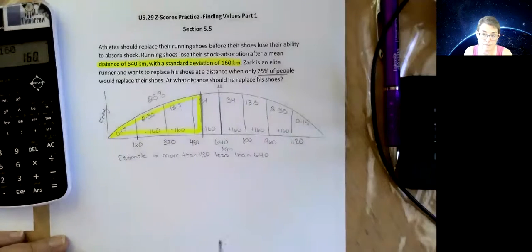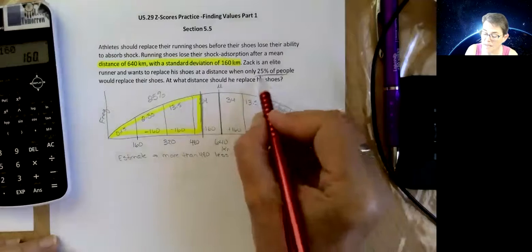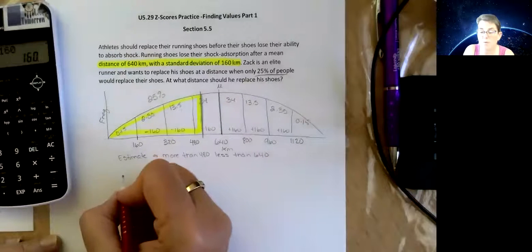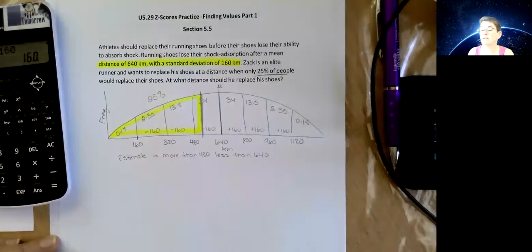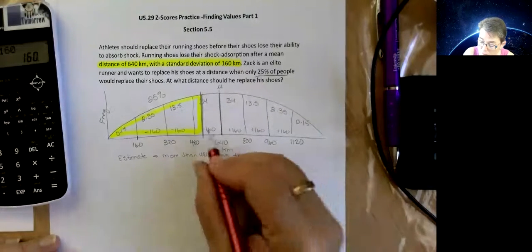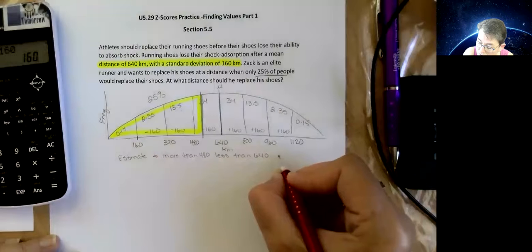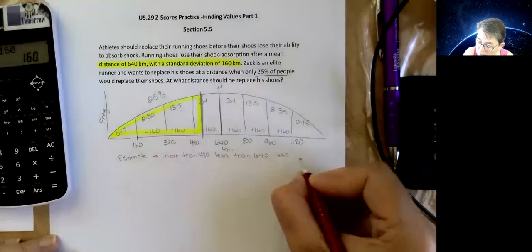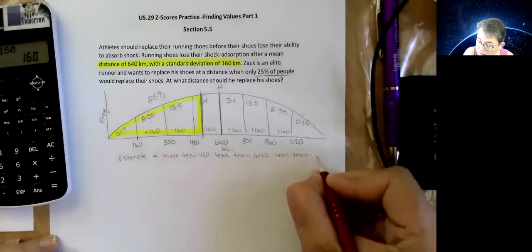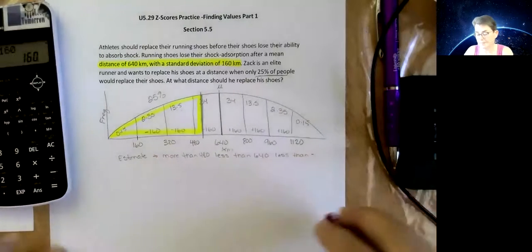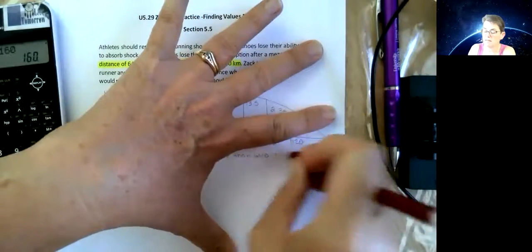All right, so here's the fun stuff. We got 25% of people. What we're doing now is we are pulling numbers off the Z-score table and we're converting them back to standard deviations. Which should be less than, I don't want to write less.